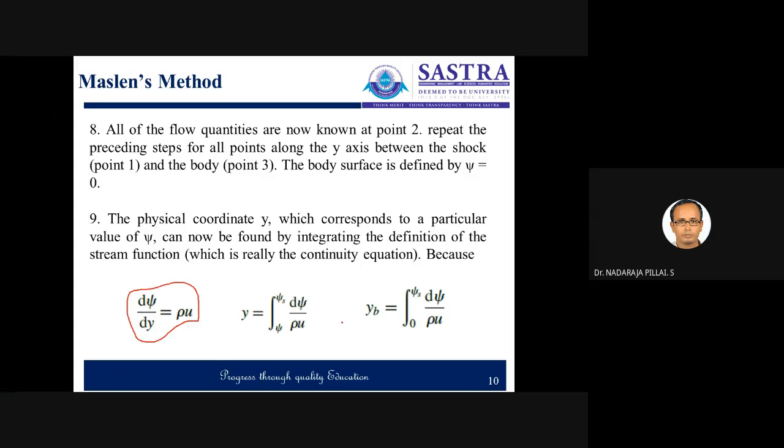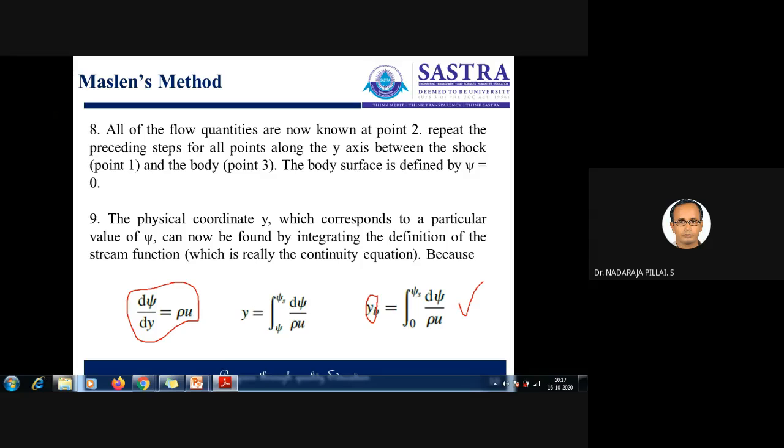Here rho and u are known as a function of psi from the various steps. So this locates the body coordinate, where yb is equal to the integral from 0 to psi s of d psi by rho u. So we arrive at the equation where the body coordinate is calculated. By this way we can calculate yb.